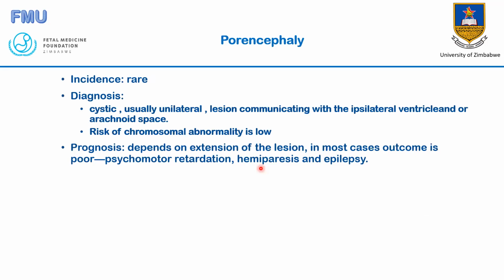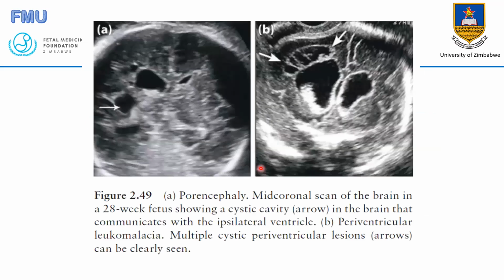Porencephaly. The incidence is very rare. Diagnosis: these are cystic, usually unilateral lesions communicating with the ipsilateral ventricle and or arachnoid space. The risk of chromosome abnormality is very low. The prognosis depends on the extension of the lesion, and in most cases, the outcome is poor. There may be psychomotor retardation and hemiparesis or epilepsy.